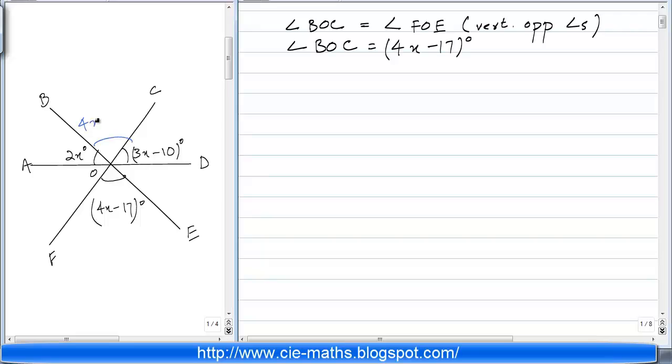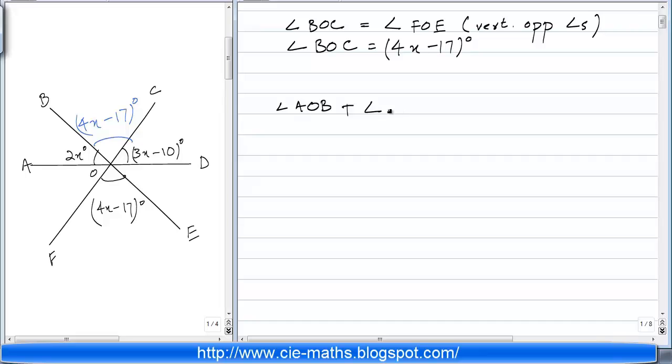Now I can see that all these angles are on a straight line, which is AD, angle AOB plus angle BOC plus angle COD is equal to 180 degrees. And again I will have to write the property, which is adjacent angles on a straight line.